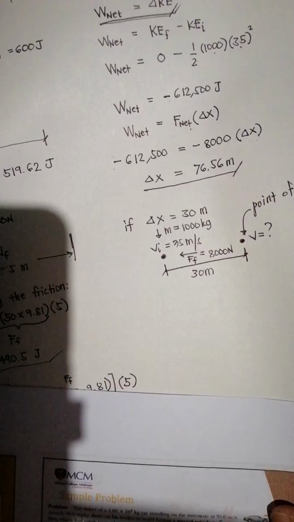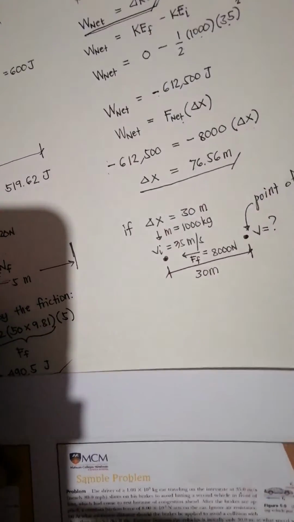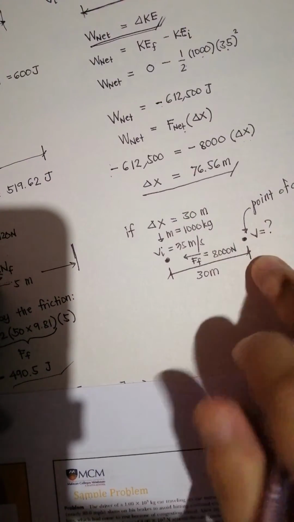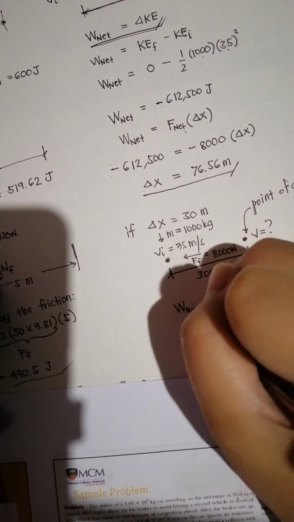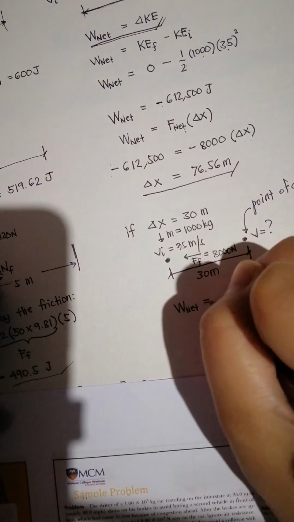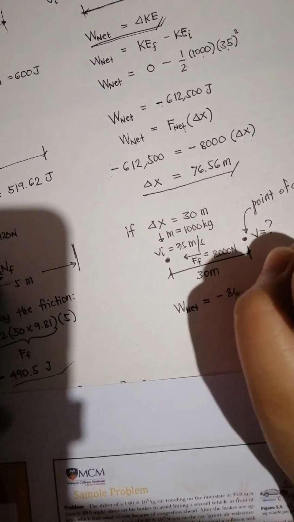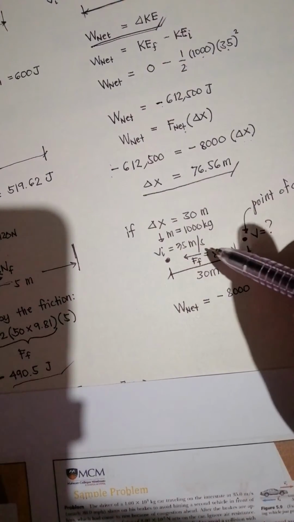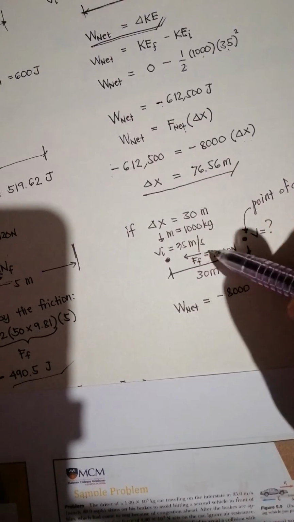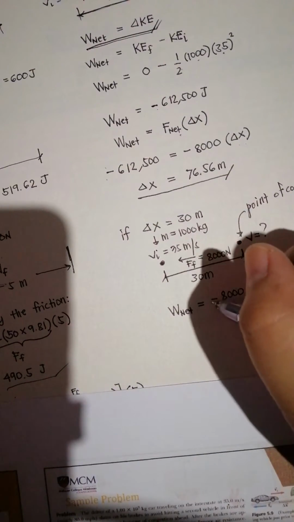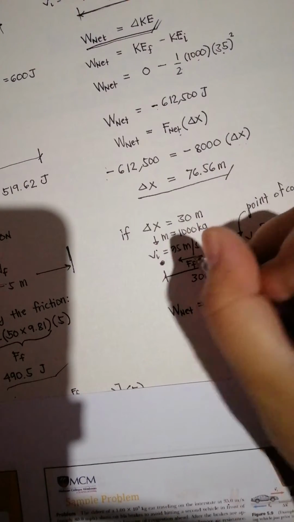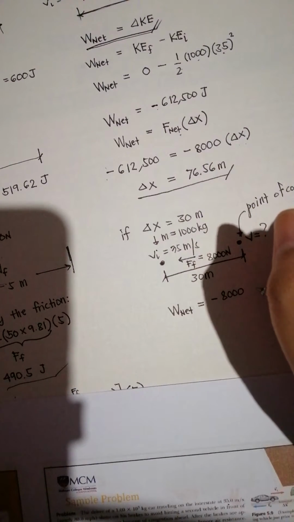For us to get the point of collision, we first have to get the net work, which will be equal to negative 8,000, the only force that is parallel to the displacement. It's the 8,000 newton friction force. We take it as negative because it's opposite to the direction of motion.